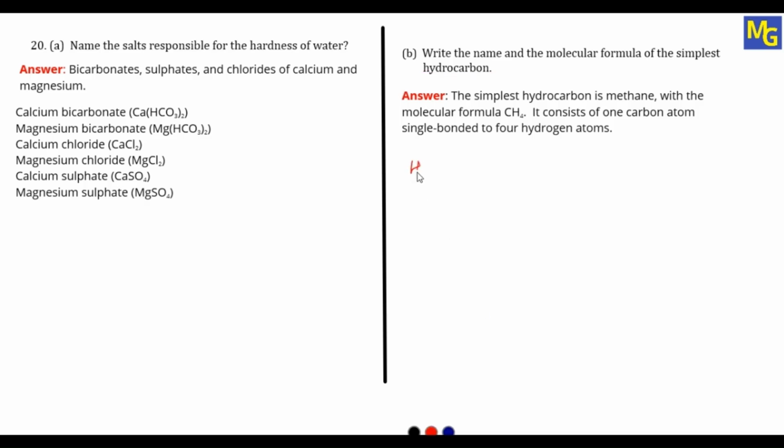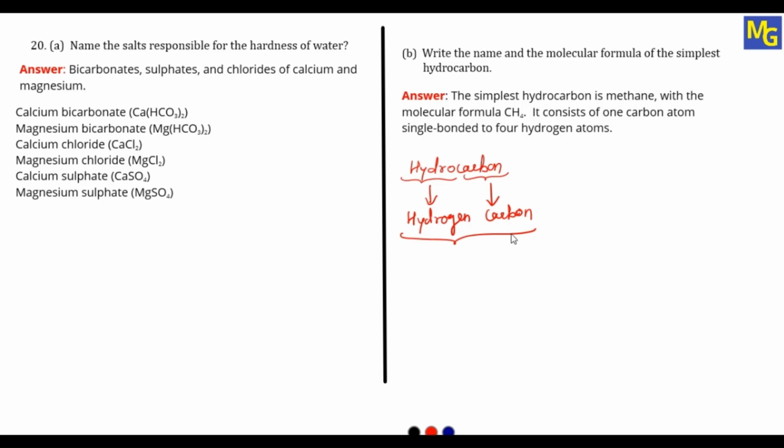The word consists of two words: one is hydro and the second one is carbon. Hydro is nothing but hydrogen and carbon is, as usual, carbon. So hydrocarbons are the compounds which are made up of hydrogen and carbon.